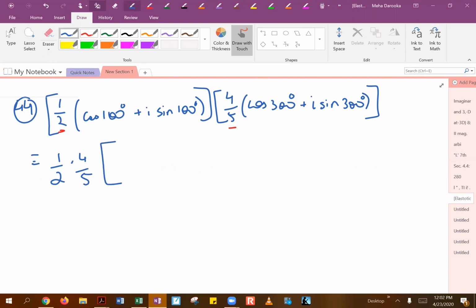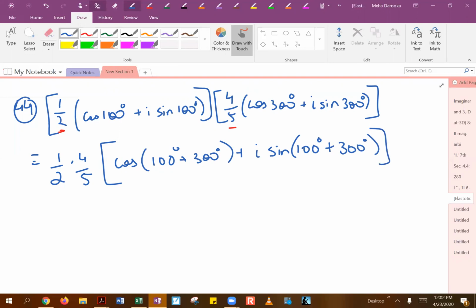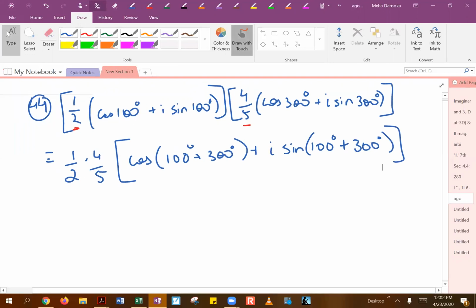And then on the inside, we are going to take cosine and add our angles together. So that's going to be 100 degrees added with 300 degrees, plus i sine, same thing, 100 degrees plus 300 degrees. When you multiply 1/2 with 4/5, what does that simplify into?